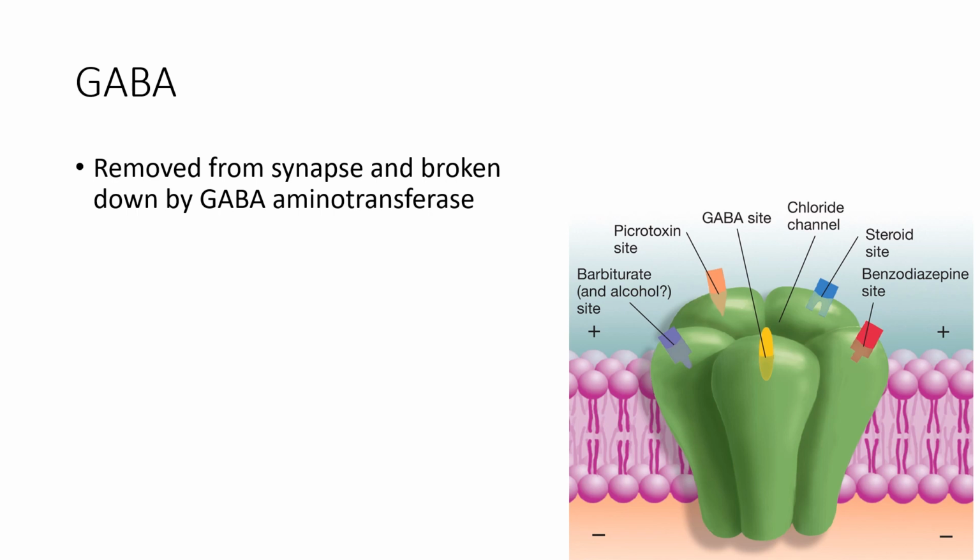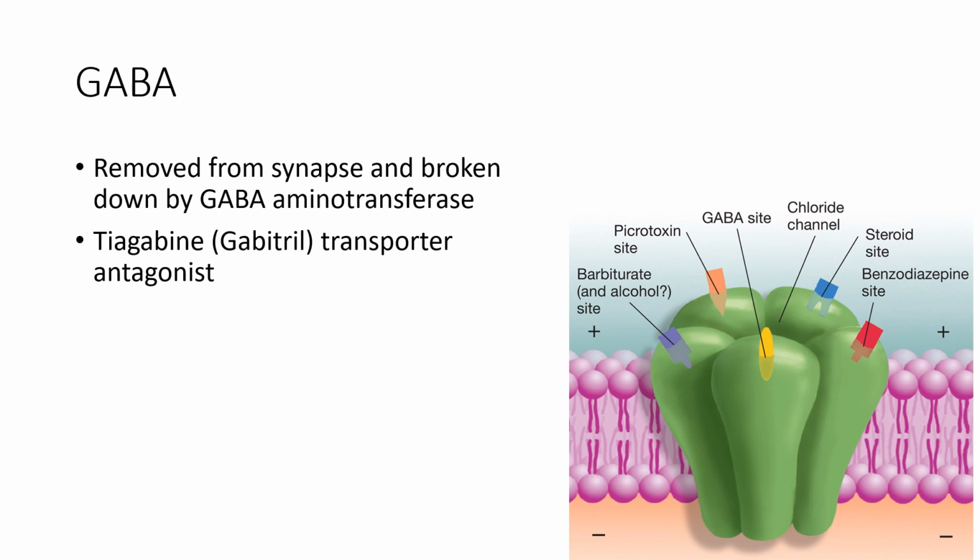Now, when GABA needs to be removed, it is removed from the synapse and then broken down by what is called GABA aminotransferase. That's the enzyme that's going to break down GABA and get rid of it from the synapse. A couple of drugs are given to interact with this process, this removal of GABA. The first is Gabitril, which is the brand name.